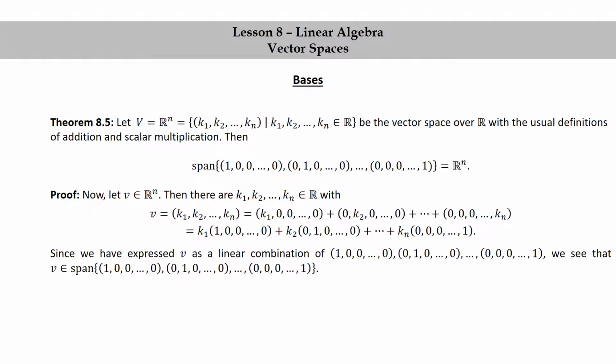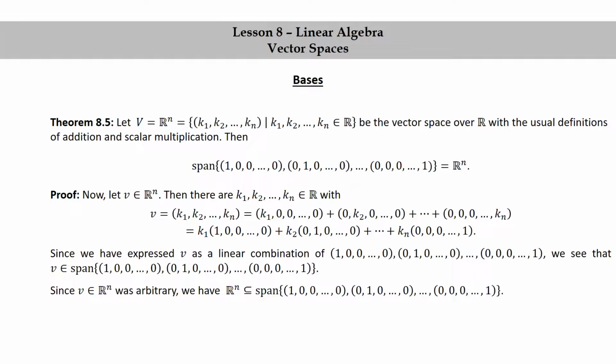Since we have expressed v as a linear combination of these n vectors, we see that v is in the span of the set consisting of those n vectors.